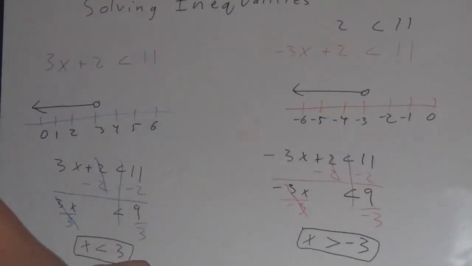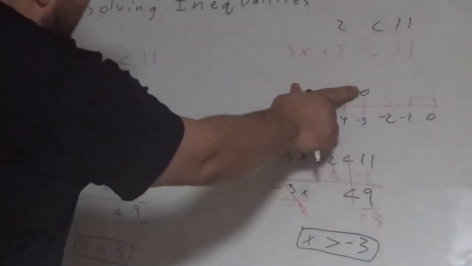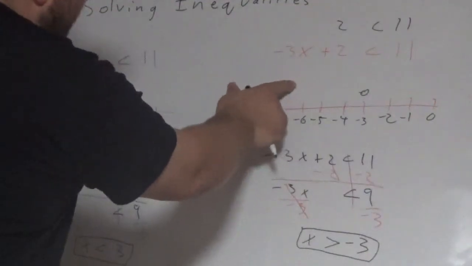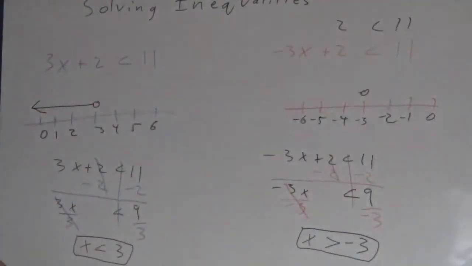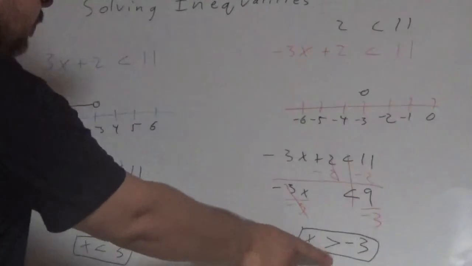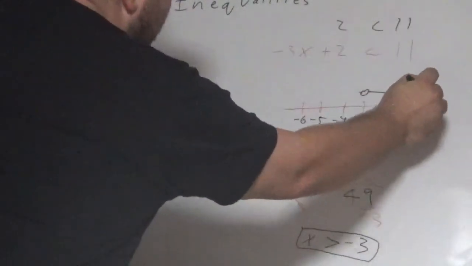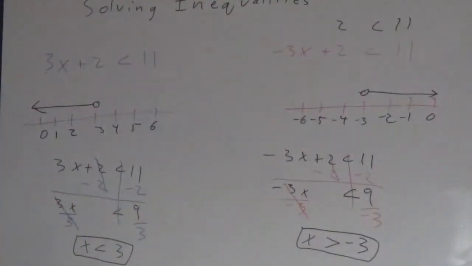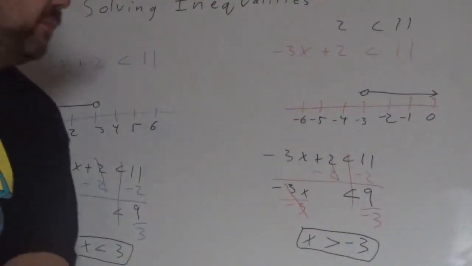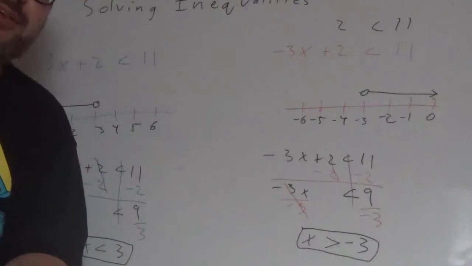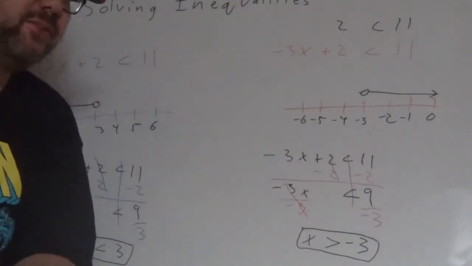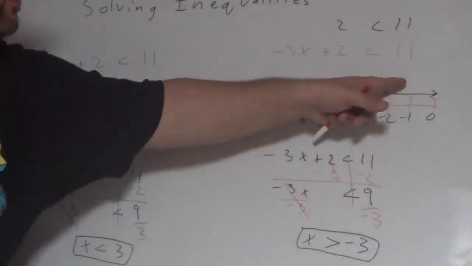So which way do we put our line on the number line? Well, we're going to go this way. x is greater than negative 3. I was getting ahead of myself, because remember, we just proved 0 should be on the line.